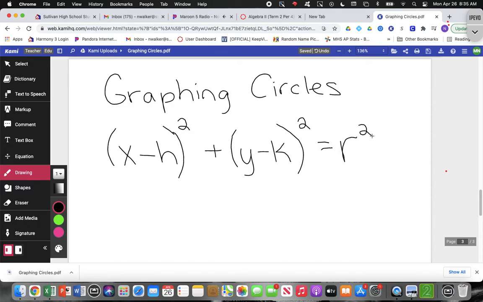This is the general form for a circle. And with the general form of a circle, that h and that k value that's being subtracted from x and y are super helpful. Those create a point.